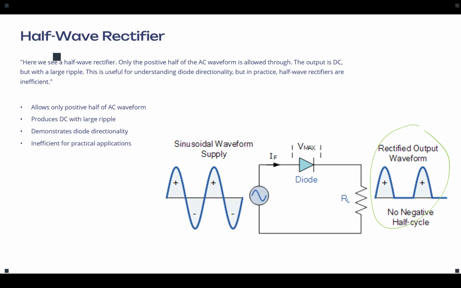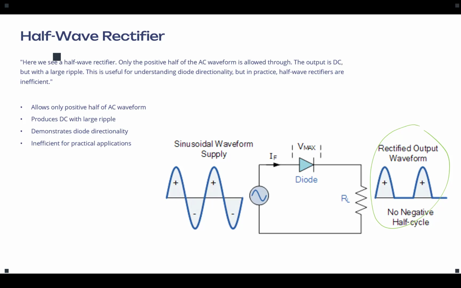Now, I said this is ideal, and it's not going to happen in reality. I already mentioned that several times in previous slides. What difference are we going to get at the output when we talk about the real diode, and what is the reason for that?